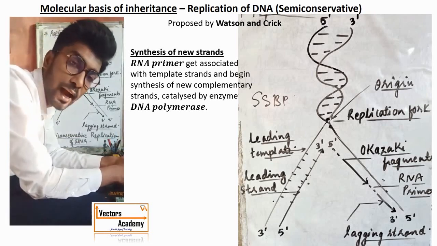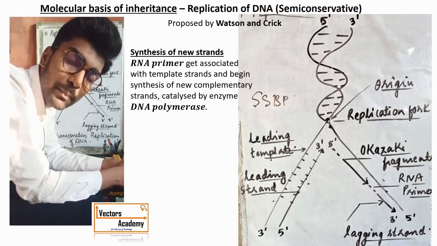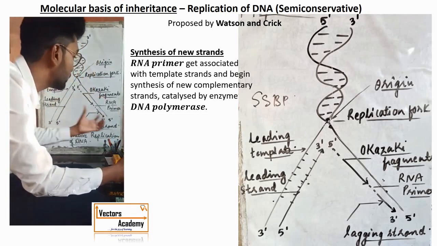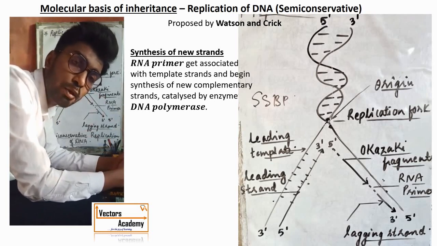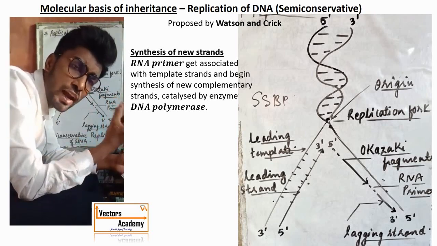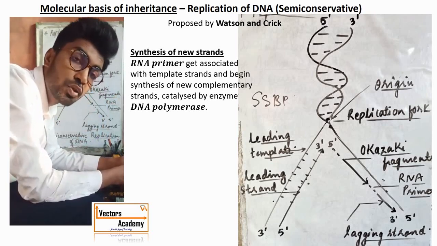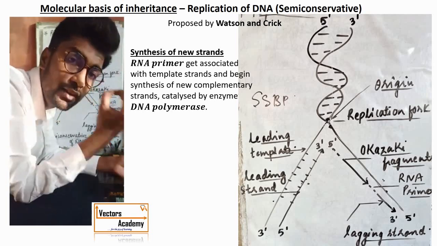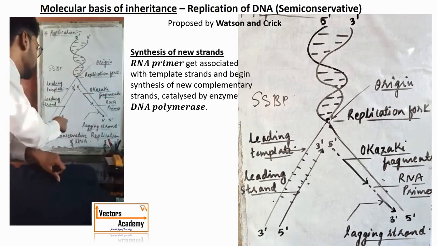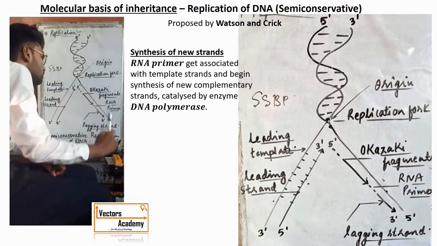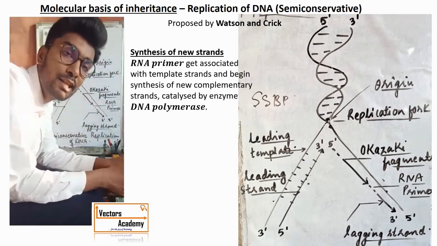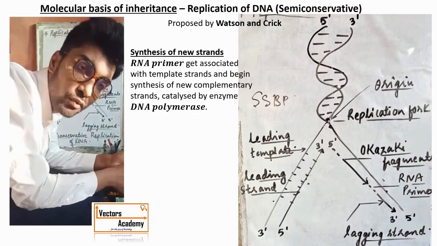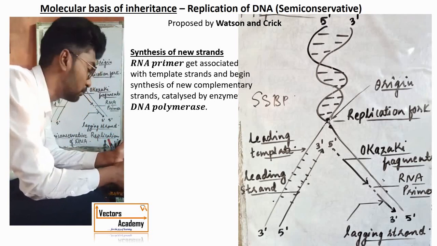Now what happens is that new nucleotides are selected from the nucleoplasm, and a small enzyme, RNA primer, is usually added at the 3' end of the template strand, that is the old strand. The name of the enzyme is RNA primer.